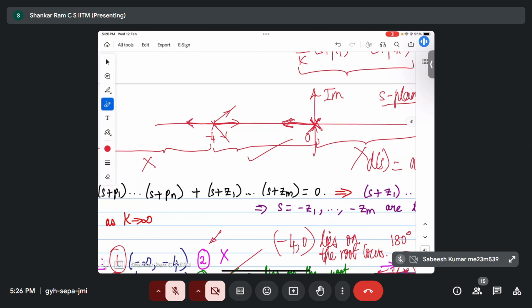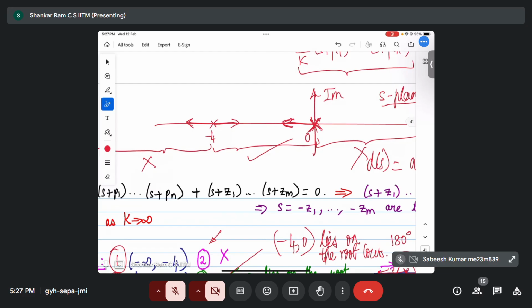But we know that only one branch starts from one open loop pole. So this cannot happen, because there is only one open loop pole at -4. We cannot have two branches starting from -4. So this rules out the possibility of the pole at -4 starting along any complex direction.